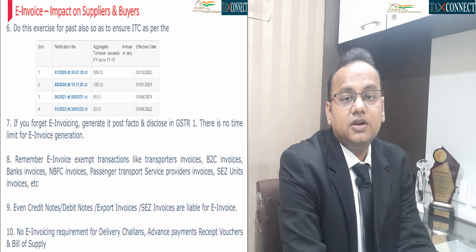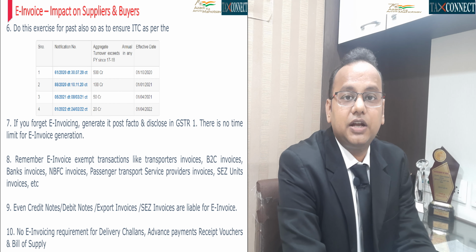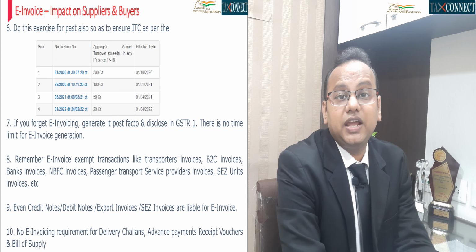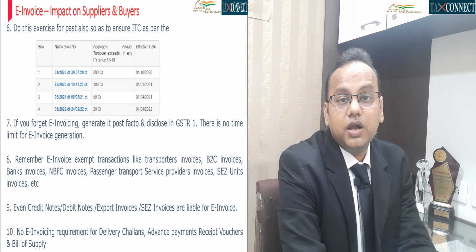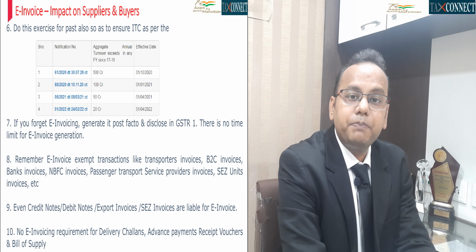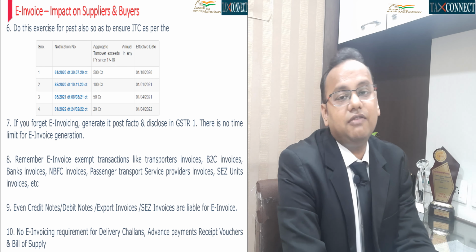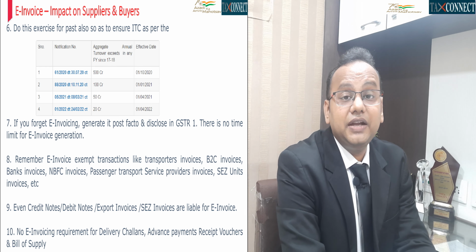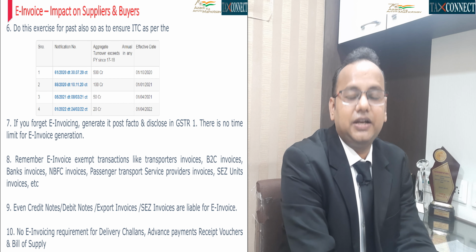From 1st of January 2021, suppliers with more than 100 crores aggregate turnover, 1st April 2021, 50 crores aggregate turnover, 1st April 2022, 20 crores aggregate turnover, and now from 1st of October 2022, suppliers with an aggregate turnover of more than 10 crores rupees would be mandatorily required to give you an e-invoice, on the basis of which you can get the input tax credit.